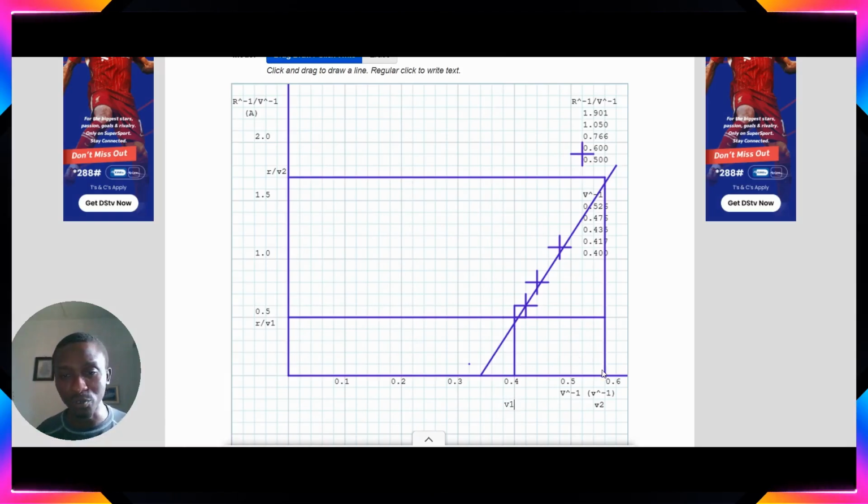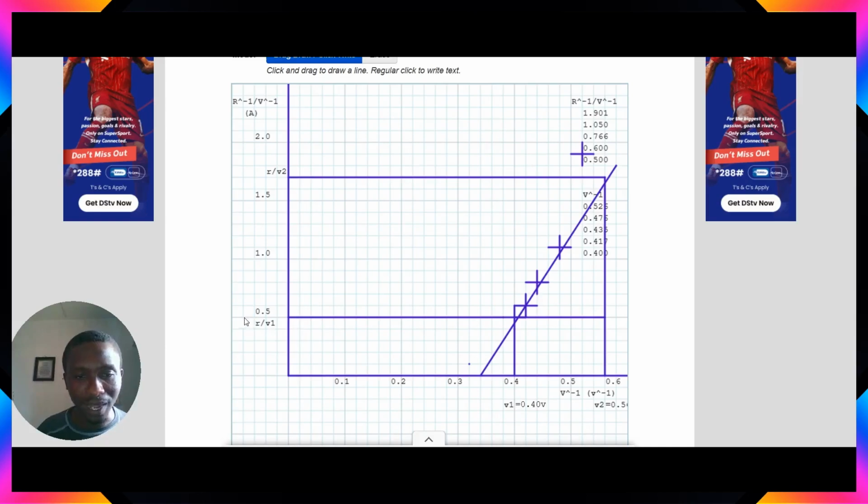And you have to read this on the graph. Your V2 is 0.56, that is 0.56 per volt. And your V1 is obvious, that's 0.40 per volt.